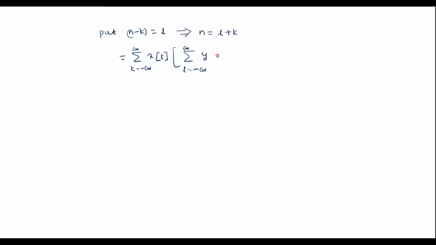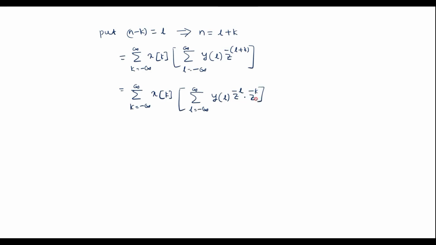So n minus k is nothing but L, y of L z power minus n. n is nothing but L plus k. Rewriting this expression as summation k is equal to minus infinity to infinity x of k, summation L varies from minus infinity to infinity y of L z power minus L z power minus k.